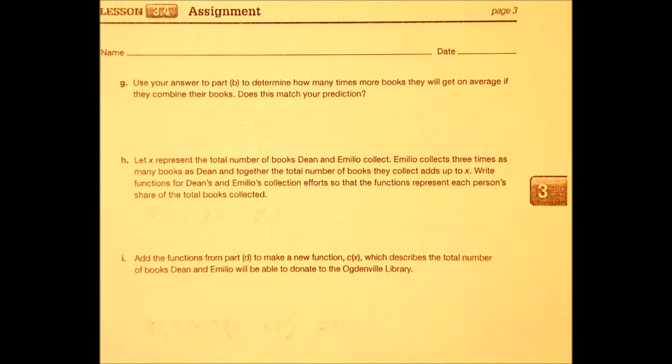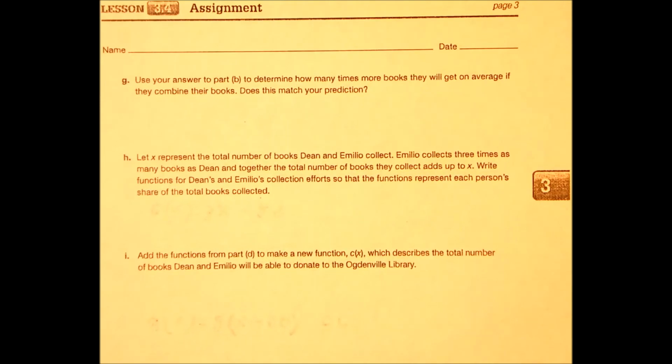All right. And it says, use your answer in part B to determine how many times more they will get on average if they combine their books. Okay.